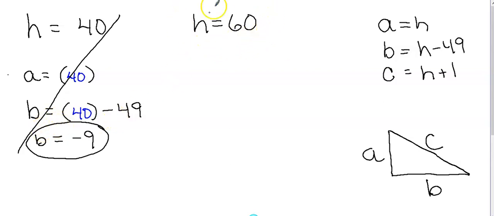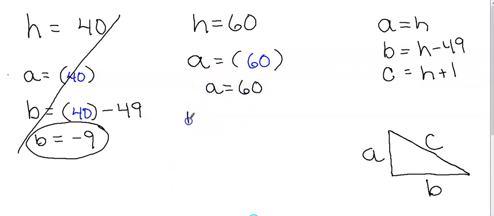I'm going to go over here even though I only have one choice left. I need to double check. So if I have A is h, this time we're saying h is 60. Then that says A is 60. B says it is equal to h minus 49. So that is 60 minus 49.